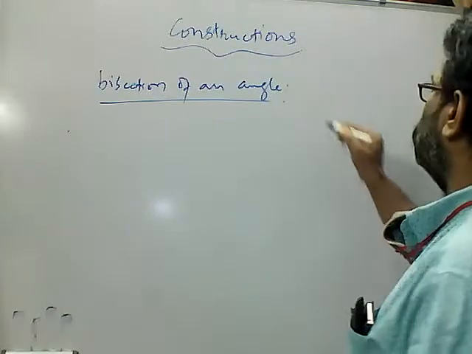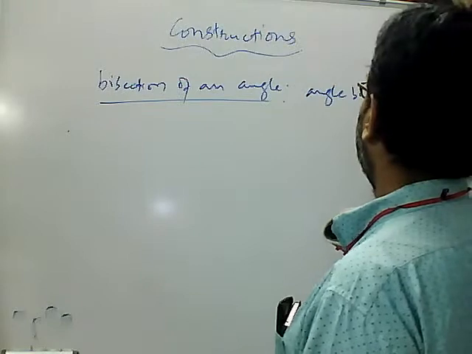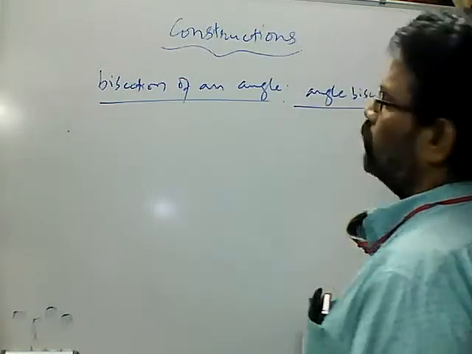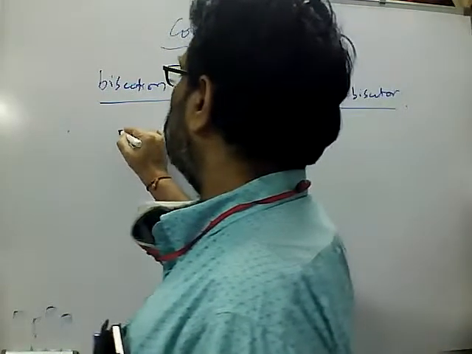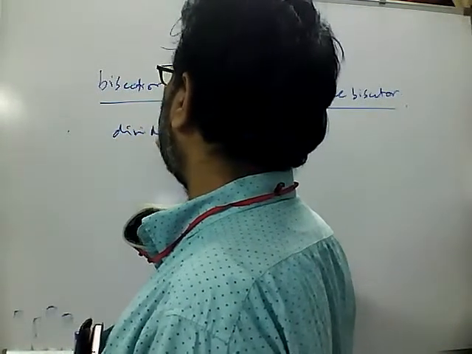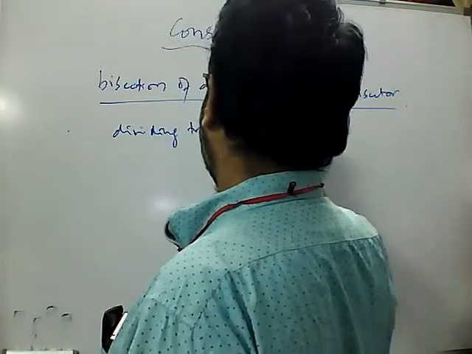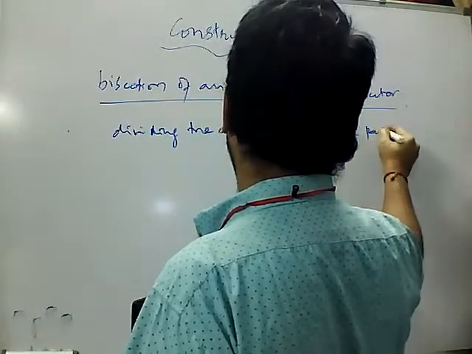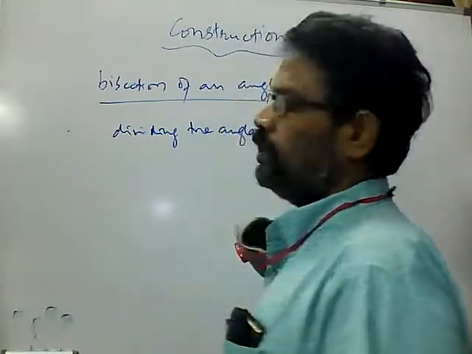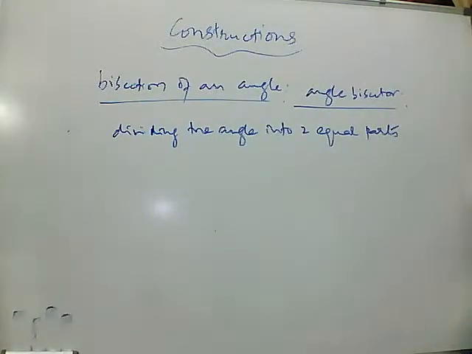It is also called the angle bisector. So what do you mean? Divide the angle into two equal parts. This is what you will do in the case of angle bisection.